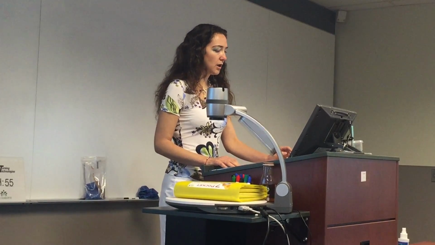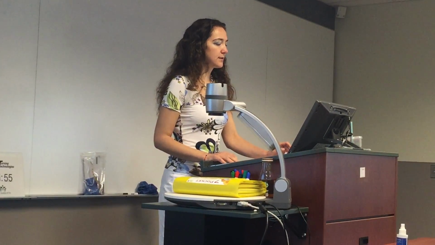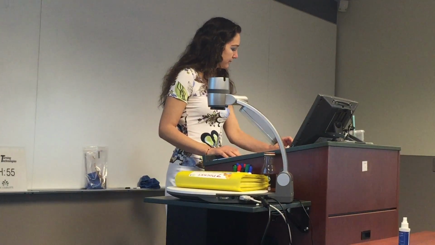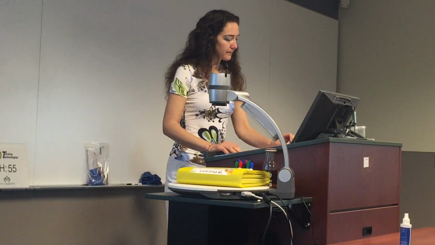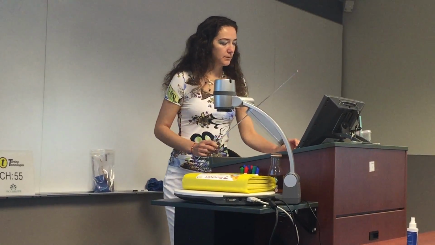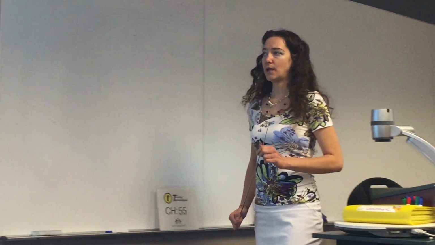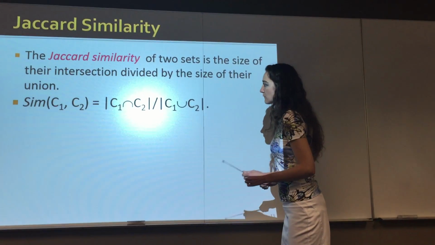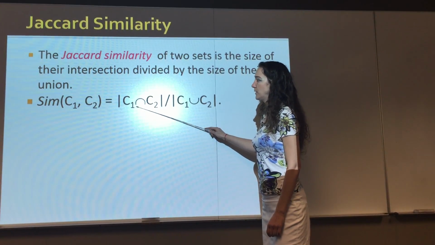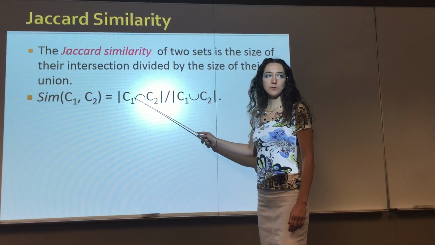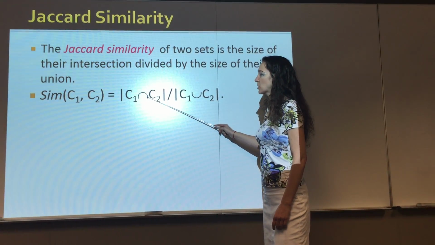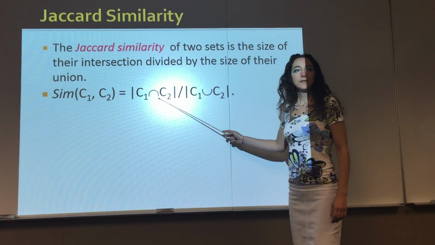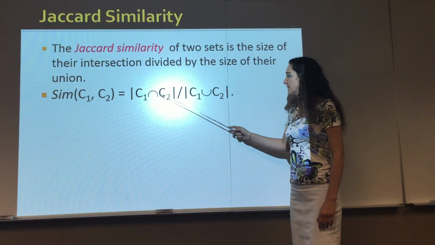And that's why this binary representation is appropriate in this case. So Jaccard similarity of two sets is the size of their intersection divided by the size of their union. And by size we mean the cardinality, or the number of elements in the set. So we have two sets of items. The intersection is the number of items that the two sets have in common, the number of items that appear in both sets.